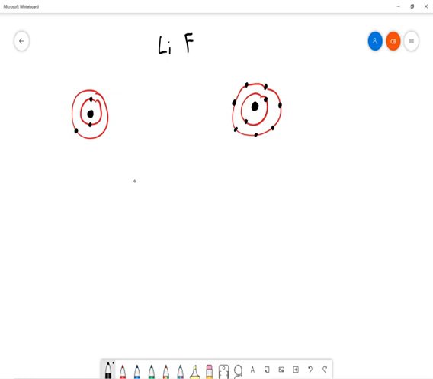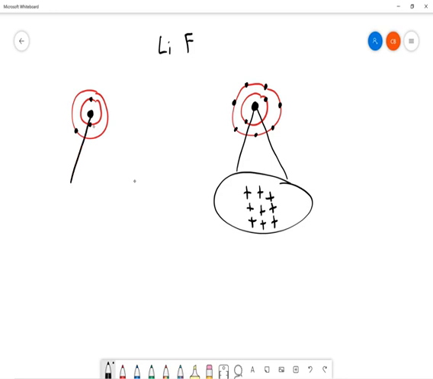When that happens, let's say we're kind of blowing up this view here, right to the inside of the nucleus, and there are many more positive charges in fluorine than there are in lithium, right? Lithium has 3 protons. Fluorine has 9.